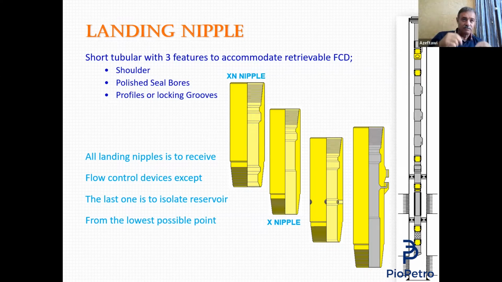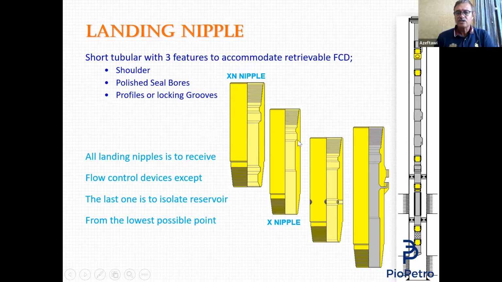A shoulder is to locate or to guide or to enable a flow control device that you run to its matching profile. Because at the moment, the shoulder will stop the plug. The mechanical dogs, or Box Mandrel, which is spring-loaded dogs, will be exactly in front of the profile.